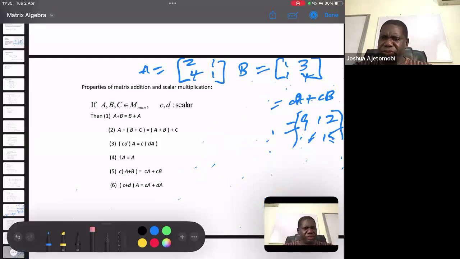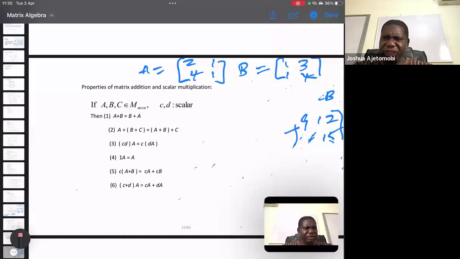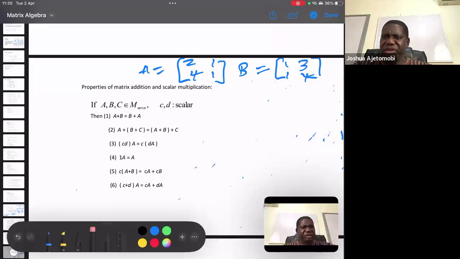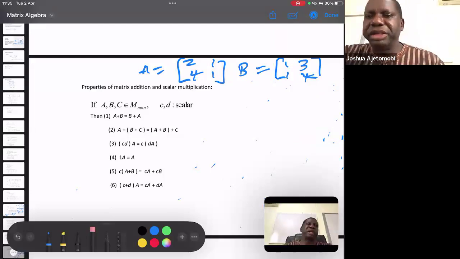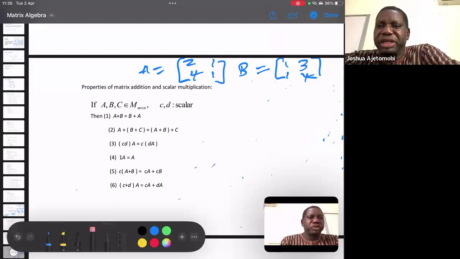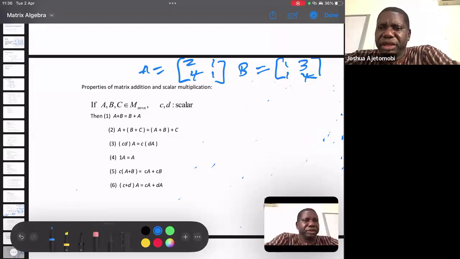Then the last one I want to point out is this number 6. Let's say you have 2 constants, C and D. You add them together, and the addition, you multiply by matrix A. It's as good as multiplying A by C and adding it with the product of D and A. We'll quickly illustrate that.